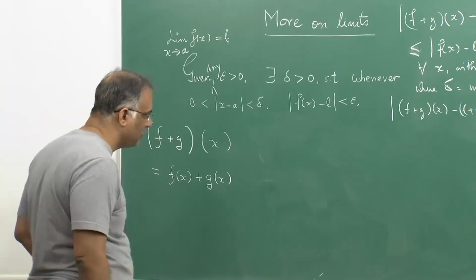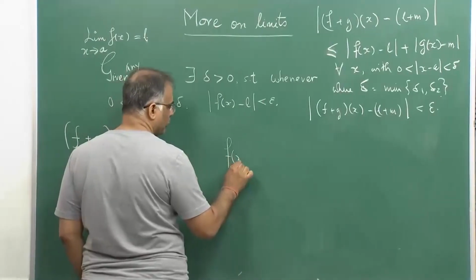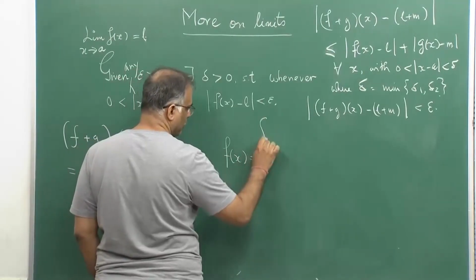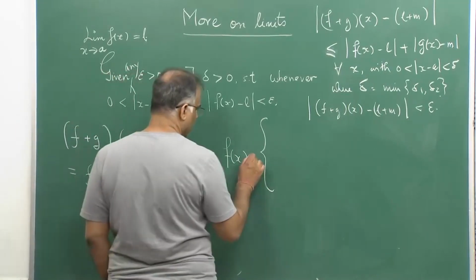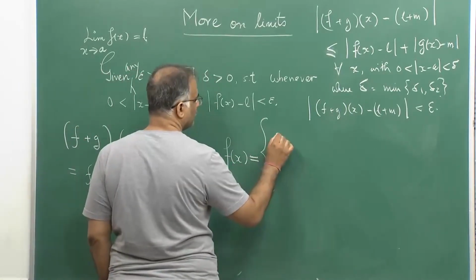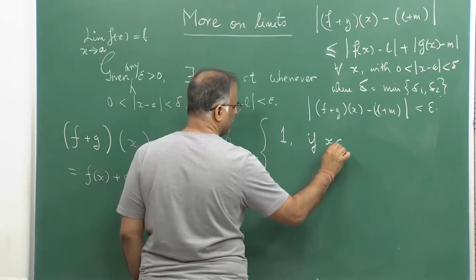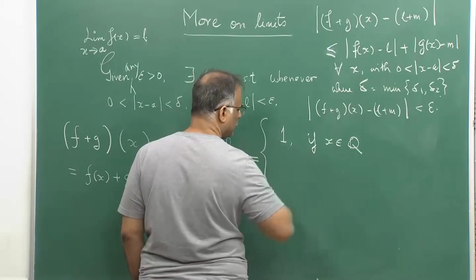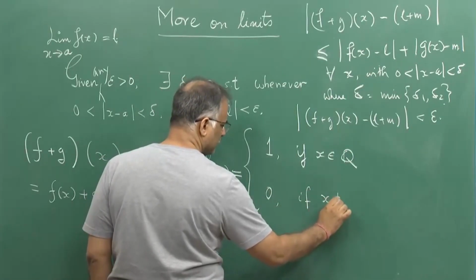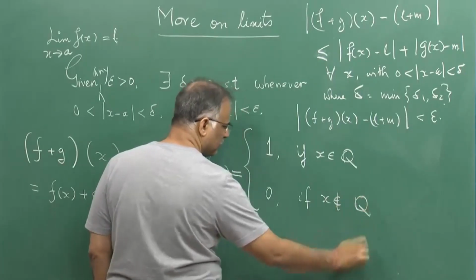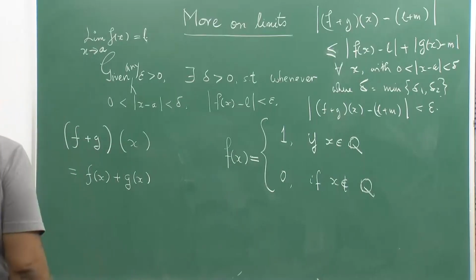Now, let me take a very famous function in mathematics called the Dirichlet function, after the famous German mathematician Gustav Dirichlet. It equals 1 if x is rational, so x is in Q, and 0 if x is irrational. What should be the limit?